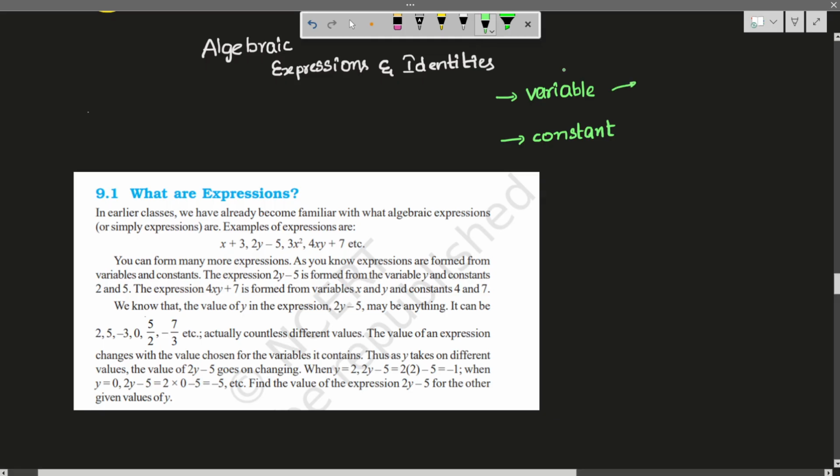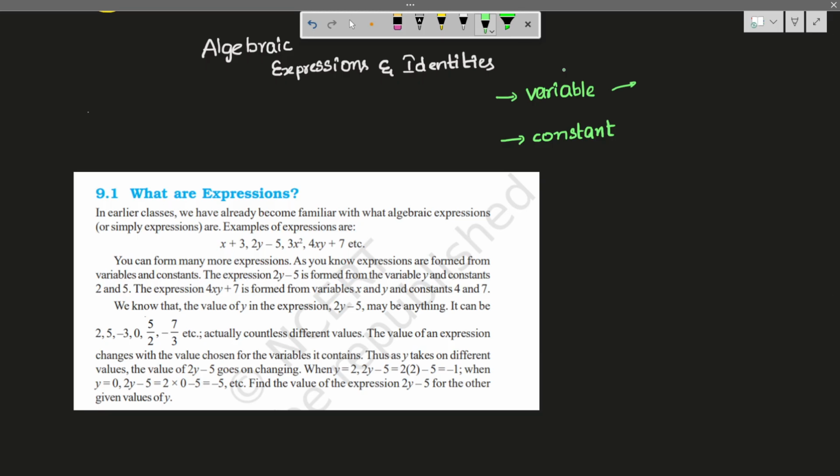But wait a minute, why are alphabets considered as variables? As the name indicates, variable means something which varies, something which changes.